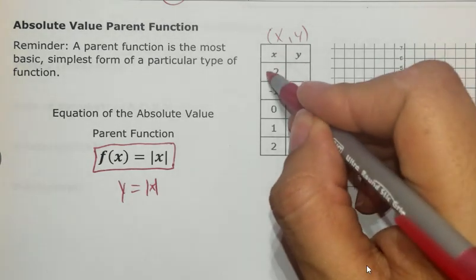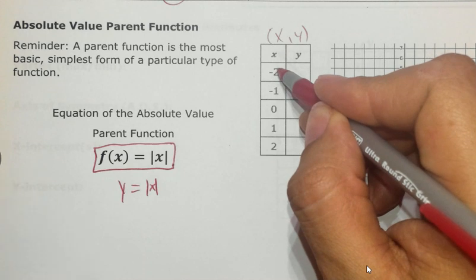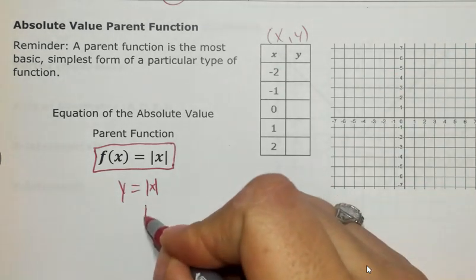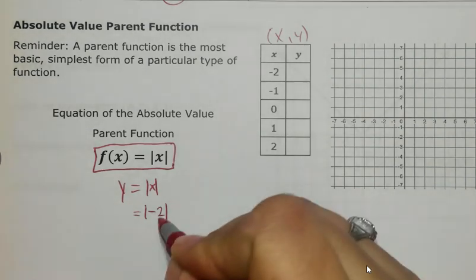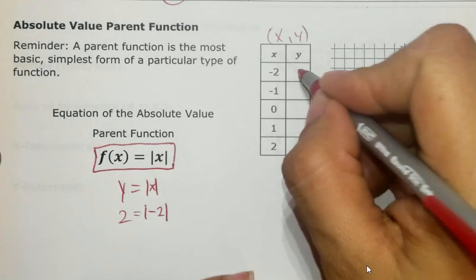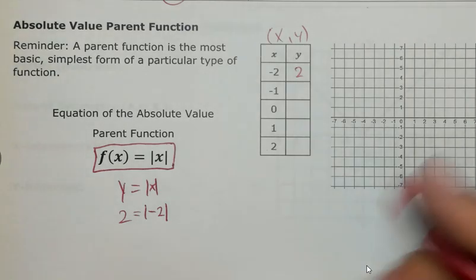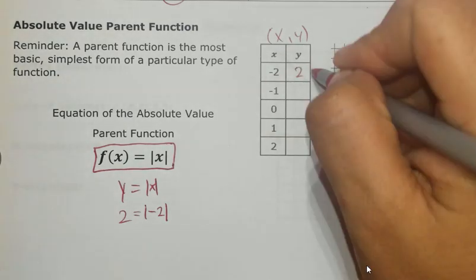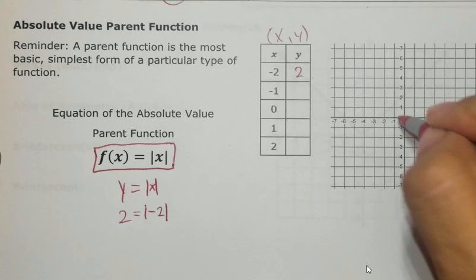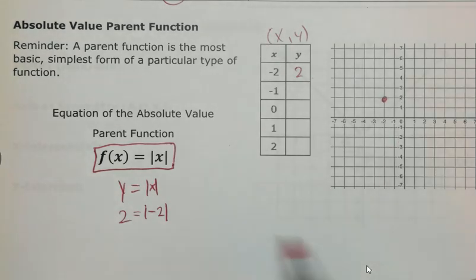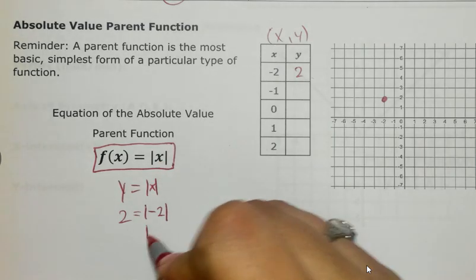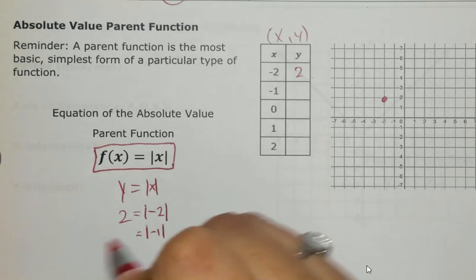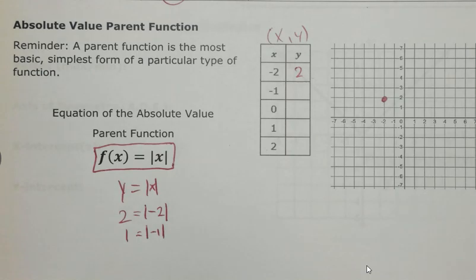So when x is -2, we're answering what is the absolute value of -2. And the absolute value of -2 is 2. So the y value will be 2. So this -2, 2 combination will be right here. And the -1, if we put a -1 in there, absolute value of -1, the answer will be 1.